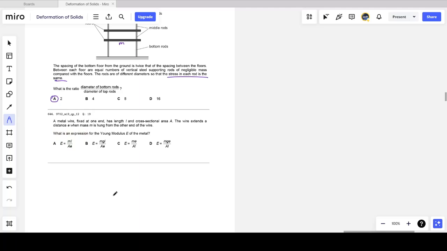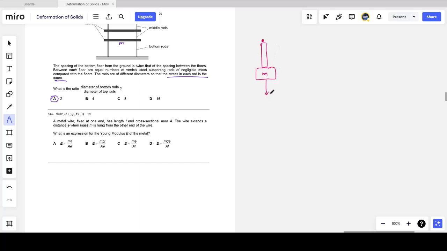A metal wire fixed at one end has length L and cross-sectional area A. The wire extends a distance e when mass M is hung from the other end of the wire. What is an expression for the Young modulus E of the metal? Okay, so I have a metal wire that's fixed at one end, and it's holding up a mass M at the other end.